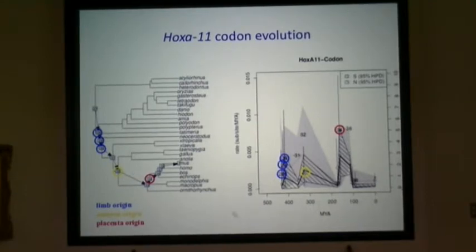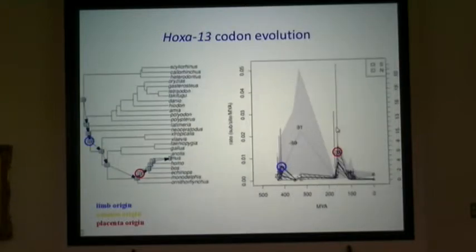And sure enough, we are coming up with a significant and dramatic evolution of A11 at the fin-limb transition, and even more exciting, dramatic evolution at the origin of placentas. Not only that, but we've actually localized it to particular base pairs within those genes.